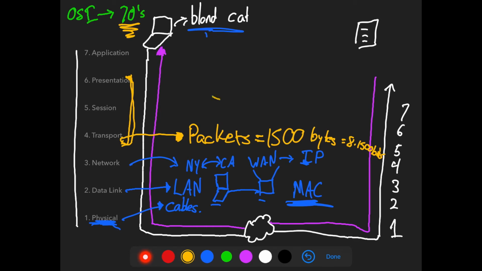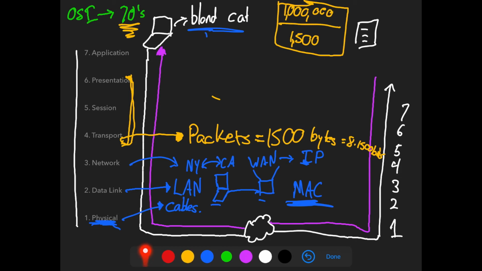When you are receiving the picture of the blonde cat, if it's a million bytes, you will have whatever number this is divided by 1,500. This is how many packets you would get. And so your traffic would actually be divided into this many packets. So if there's an error in one of these packets, you would just request that one specific packet rather than the whole thing. And that's kind of what the transport layer does.